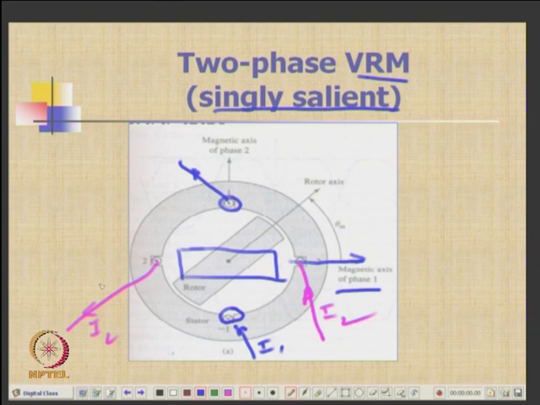So, if you really want to work this system, what should you do? Supposing it is 1, then you excite 1 2, then 2, then again 2 1, like that. That means you should have a combination so that there is a magnetic axis which will move at 45 degrees.